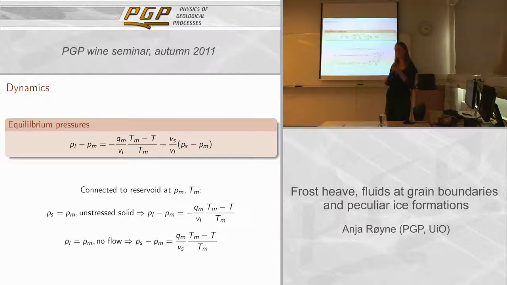And that means that if you start cooling it in one place, then you make the liquid pressure lower, and then you have movement of liquid, and that's just what happens when you make these ice lenses.